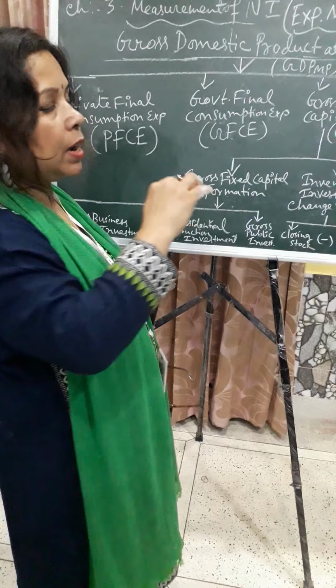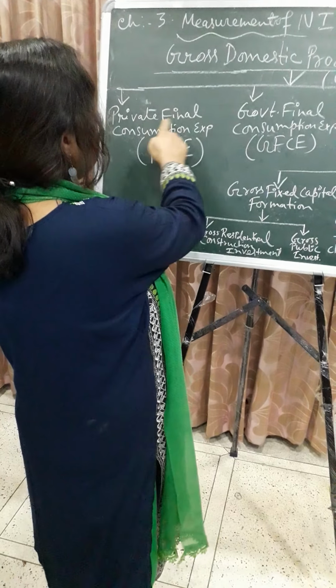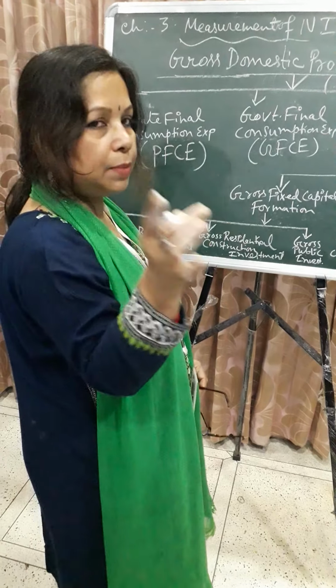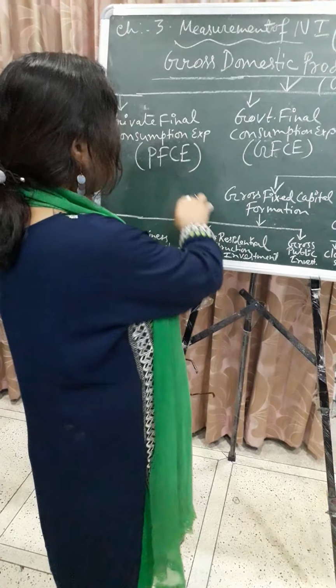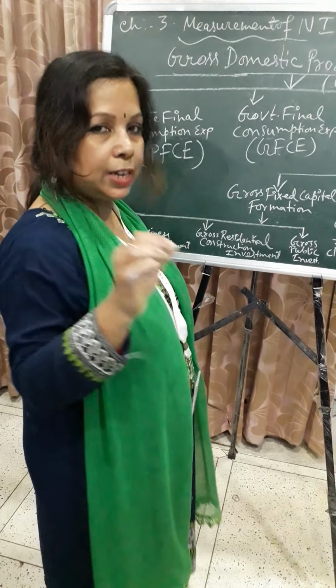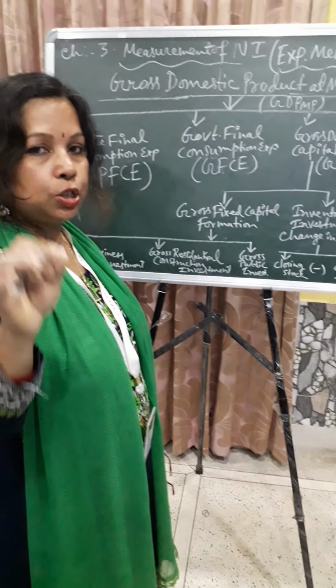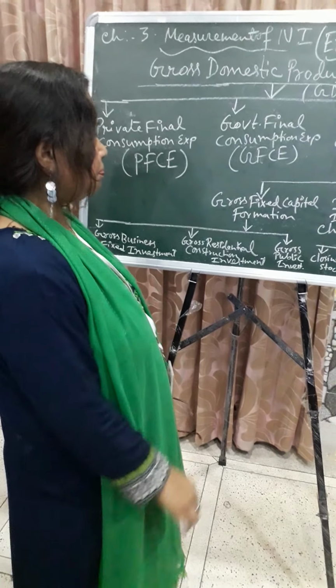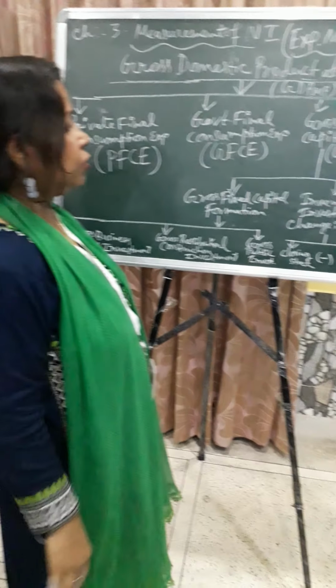One by one I am going to explain the meaning. First, private final consumption expenditure. What is the meaning of this PFC? It refers to the expenditure on the purchase of commodities by the household sector. Number two, government final consumption expenditure, GFC.